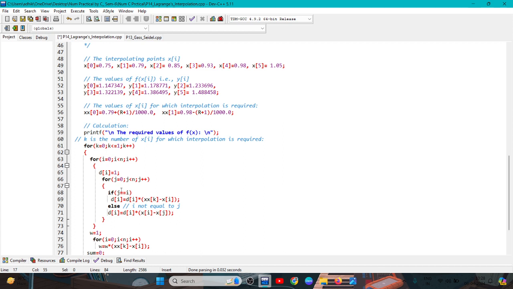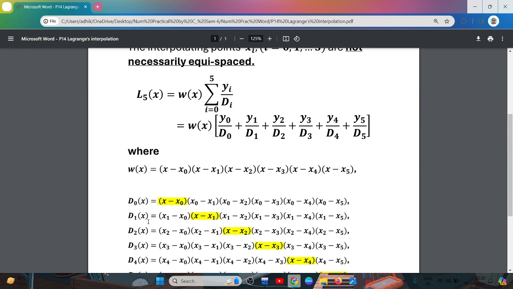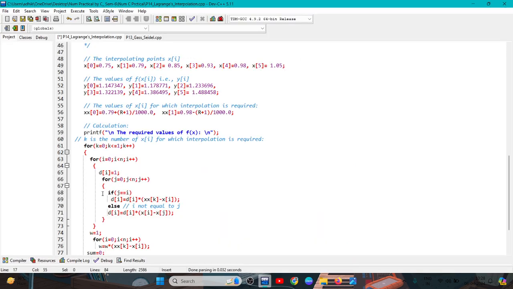So when i equals 1, that is d1, j equals 0, so i is not equal to j, and we enter the else branch. So d1 equals the previous value of d1, initially 1, times x1 minus x0, so d1 equals x1 minus x0. So we get the first term of d1.